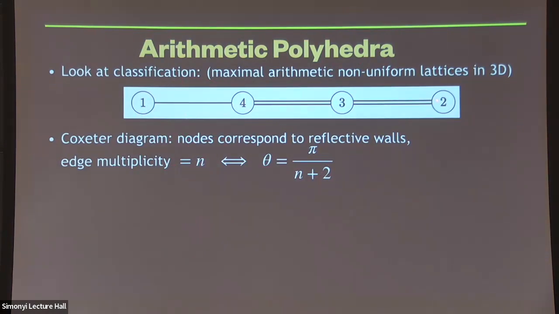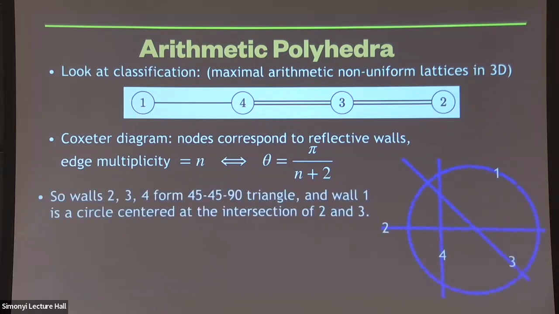So for example, walls 2 and 4 have no edge, and so that's multiplicity 0, and so they meet at pi over 2. They're orthogonal. Walls 3 and 4 meet at angle pi over 4. So this is a 45, 45, 90 triangle. 2, 3, 4 is a 45, 45, 90 triangle. 1 is orthogonal to 2 and 3.